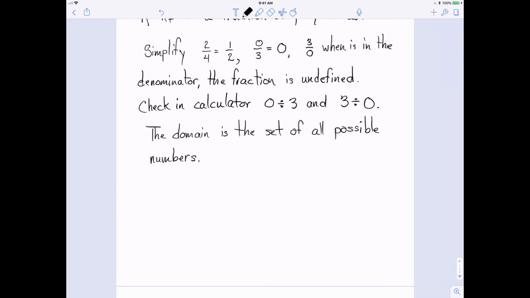So, what we're going to do is take a look at the domains for some rational expressions. So here's our first one. Consider the rational expression of x divided by x minus 1. And the question is, can this be undefined?